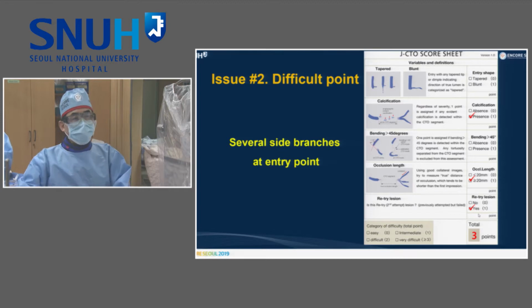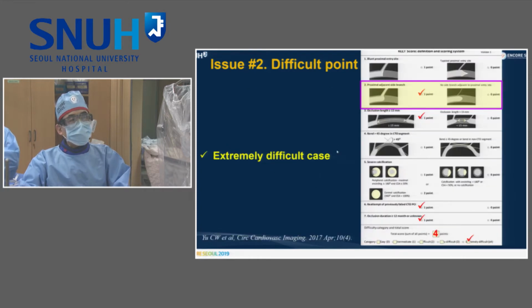But on top of these 3, I guess several side branches at the entry point are a kind of hurdle. According to the Korean CTO score, there is another factor, proximal adjacent side branches. The total score is about 4, a little bit difficult case.